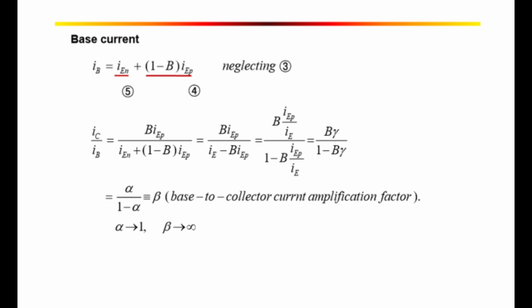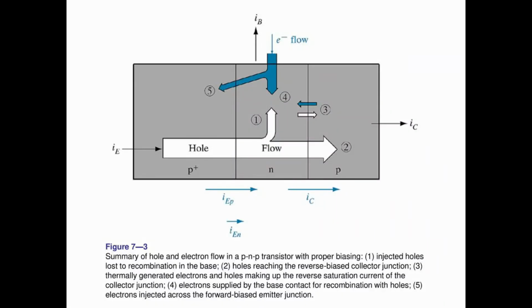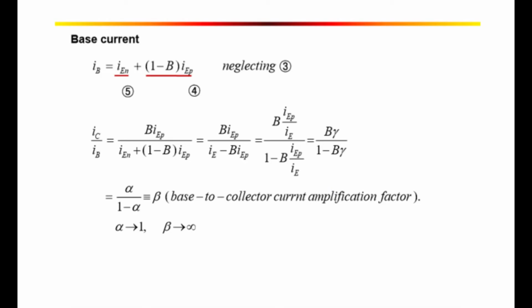So, in accounting for the base current, we must include the rate at which electrons are lost from the base by injection across the emitter junction. That is component 5 of figure 7.3, and the rate of electron recombination with holes in the base.